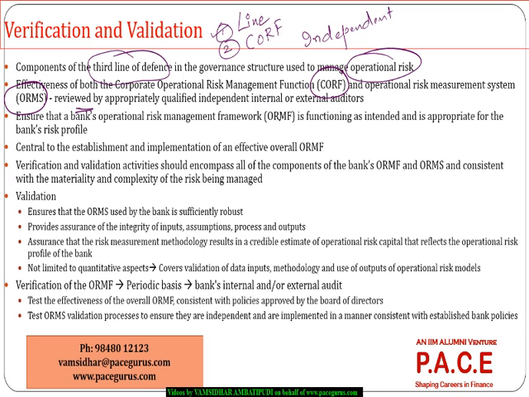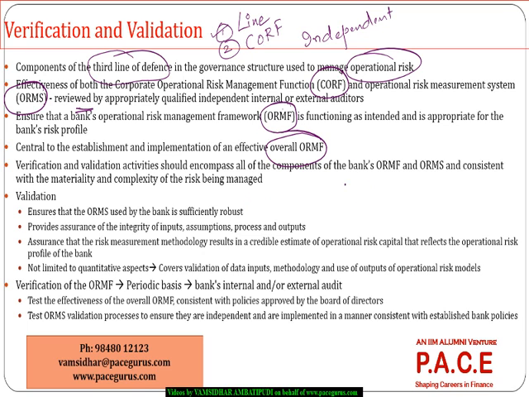And as part of this process, the supervisors have to ensure that the risk management framework the bank has developed is functioning as intended and is in line with the risk profile of the bank. It's very, very important for the implementation of an effective overall operational risk management framework.